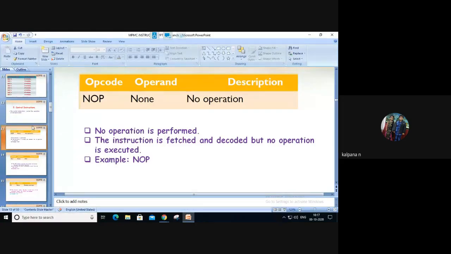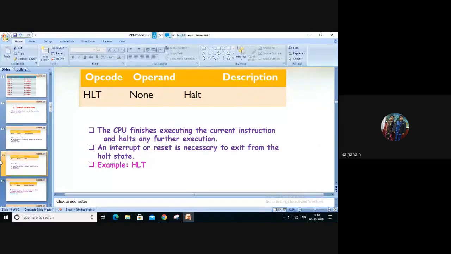So after the cursor reaches this instruction NOP, the processor will stop for some time. Understand? By giving these instructions we are giving a break to the processor; we are controlling the processor. Yes or no? Yes, ma'am. So these instructions are called control instructions. Another example is halt. Halt means it will halt for some time.